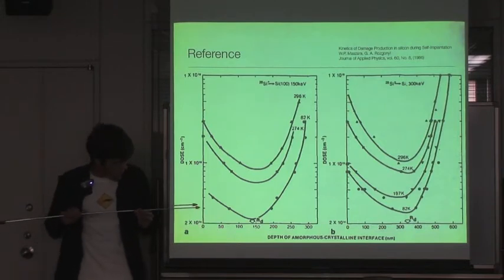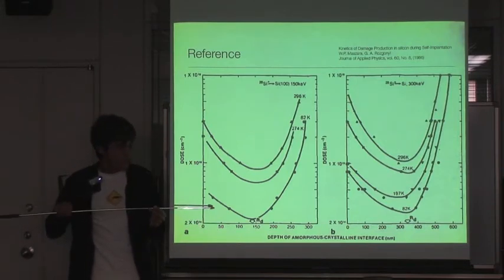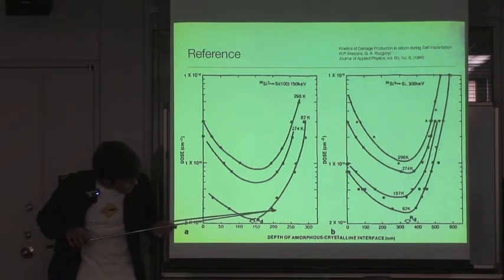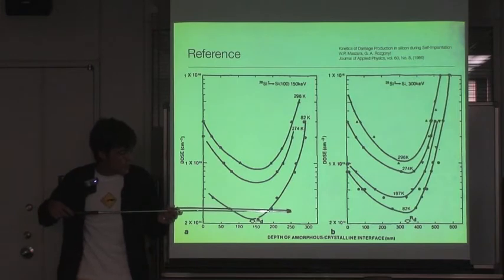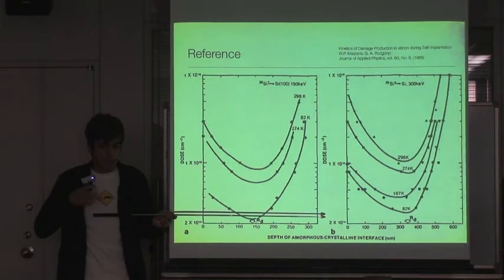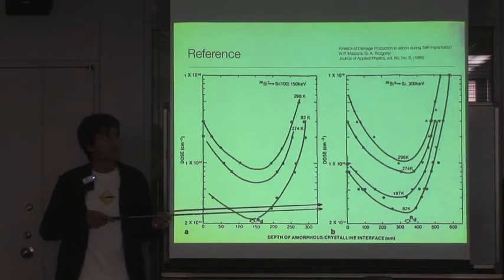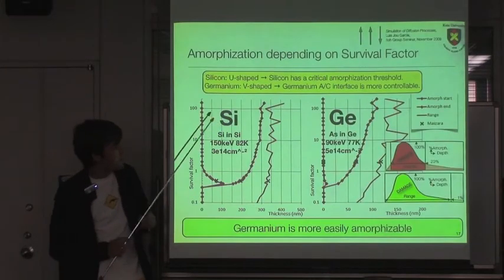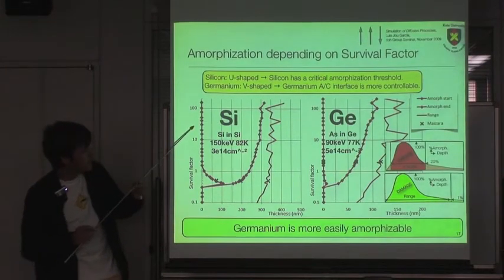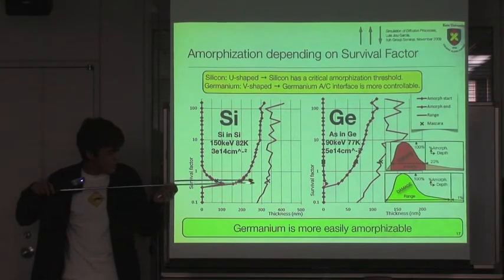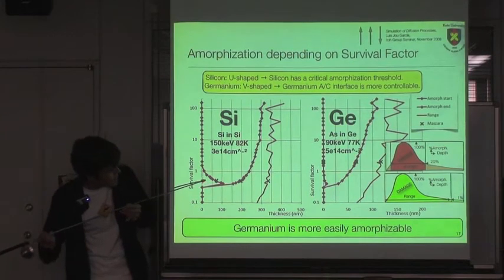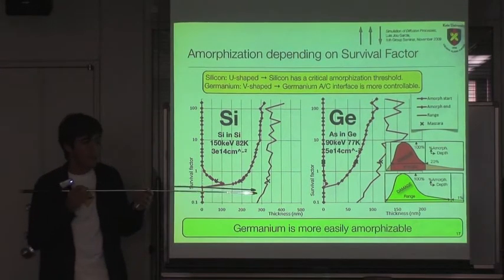For example, for a 3 to the 14 dose, they got amorphization between something like 80 and 200 nanometers. So I did this same simulation and I tried to adjust the surviving factor in order to fit it. These are the different surviving factors I tried, and this is the final result. So in this case, I got something like 0.5 on the logarithmic scale as the surviving factor.